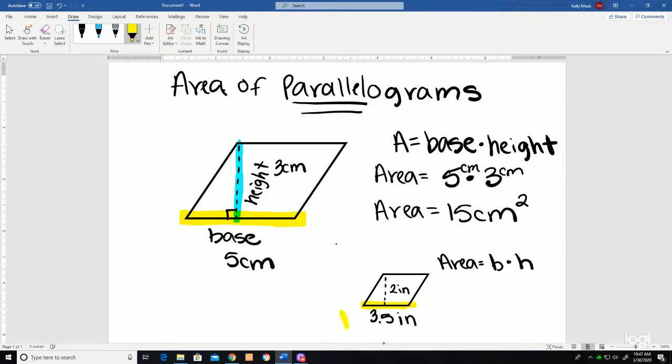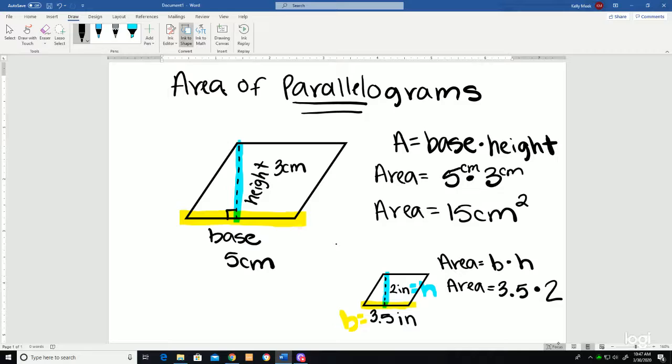So this right here is going to be my B. And then my height is how tall the shape is, a straight line from the top to the bottom. And so this right here is going to be my H. So let's plug these numbers into my formula and then find an area. So area is going to equal the base, which is 3.5, times 2, which is our height here. We'll do some scratch work over here to the side.